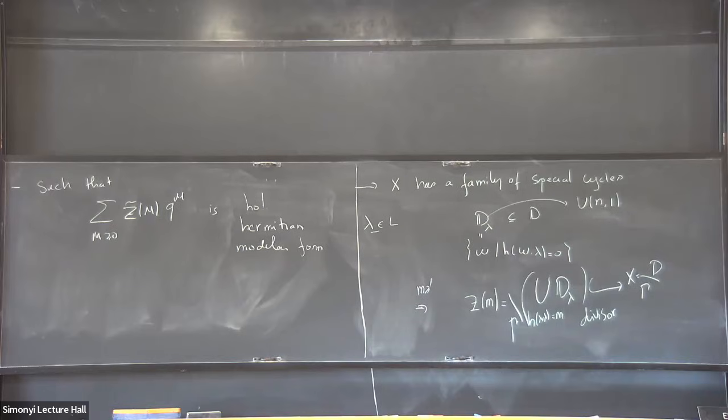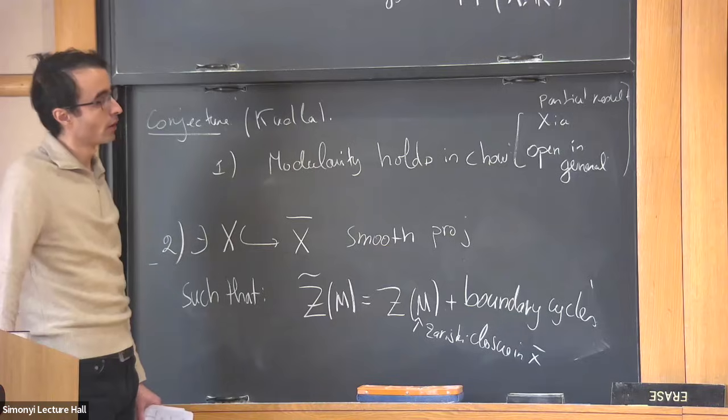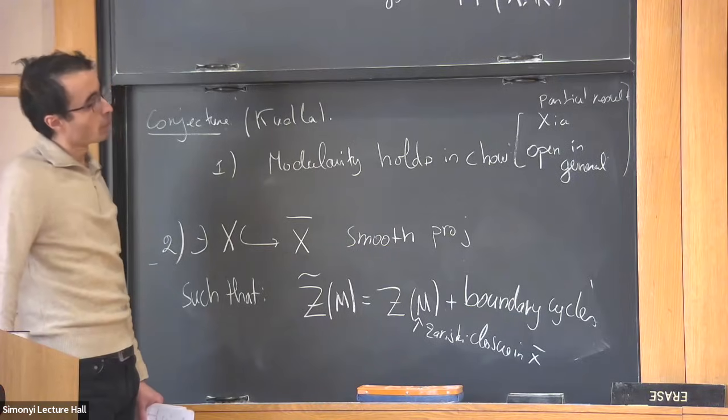Often that's one of the things that Kudla did, was to regularize. That's not needed, because somehow they're only pairing with cycles that are compact, supported in the interior. If you were to compute, let's say, the volumes of these cycles, then that would maybe be a region where things don't work well. Right.